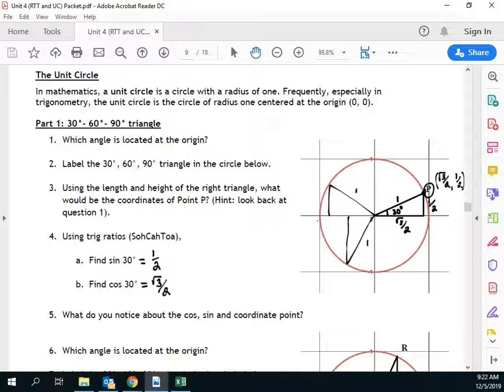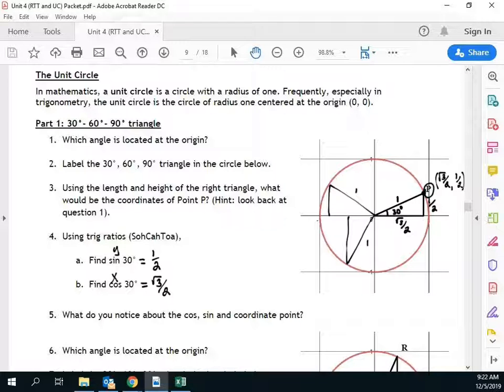What value, or where is 1/2? Is 1/2 the x or the y value of the point P? I'm going to put that on top. Can you go ahead and do that as well? Cosine, is it the x or y value for point P? The x.